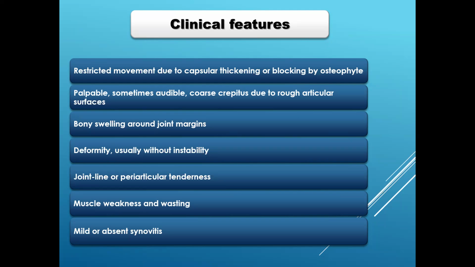You'll hear a crispy sound that is audible. Then bone swelling around the joint margin because it's inflamed. Deformity, the bone loses its shape. And the person loses stability. Remember, these structures, like we said, contribute to the stability of the joint. Now that they are damaged and destroyed, they lose stability and are now unstable.